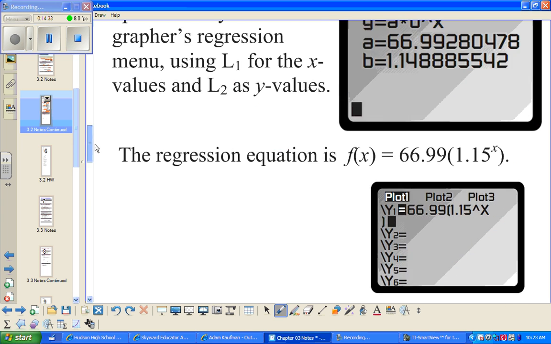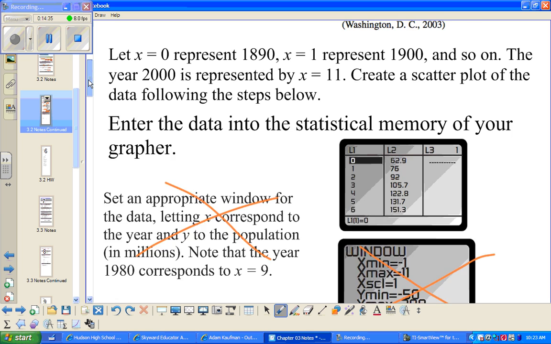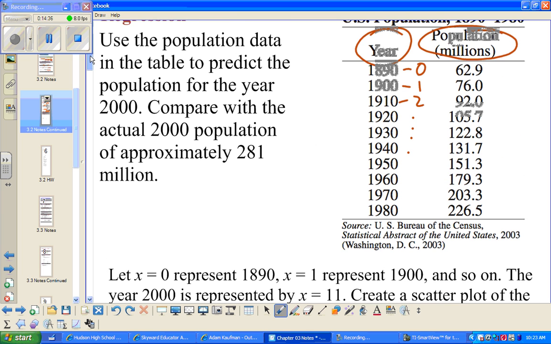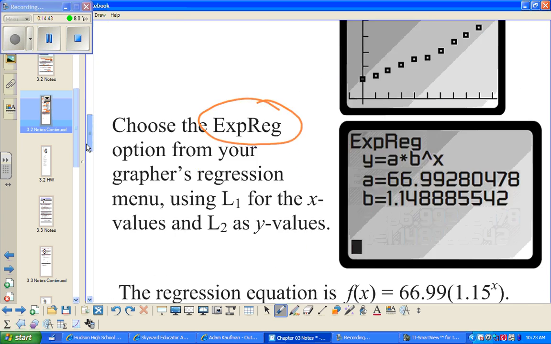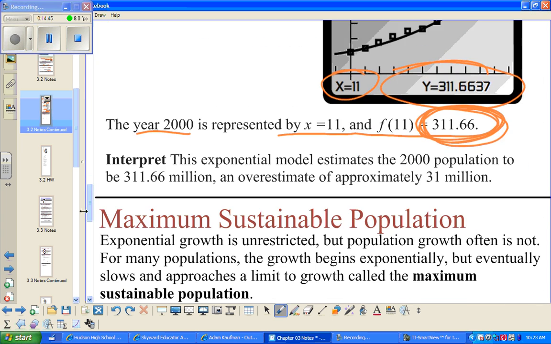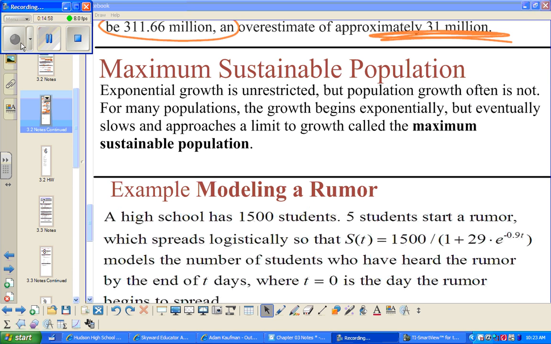The actual population was, sorry for scrolling up and down so much, approximately 281 million. So this estimation was approximately 31 million over what it actually ended up being.